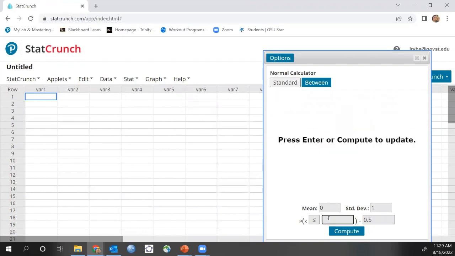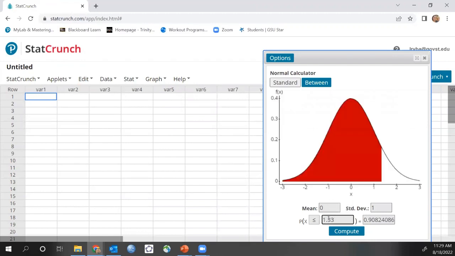My value was 1.33, so 0.908. That means it's just shy of the 91st percentile. With an IQ score of 120, you have about 91% of people below you and about 9% of people with a higher score. So you're pretty smart if you've got that IQ.